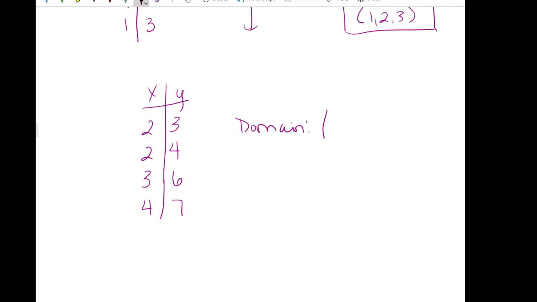I only want each number to be represented one time. So the domain is 2, 3, 4. It is not 2, 2, 3, 4. I want each number only to be represented one time.